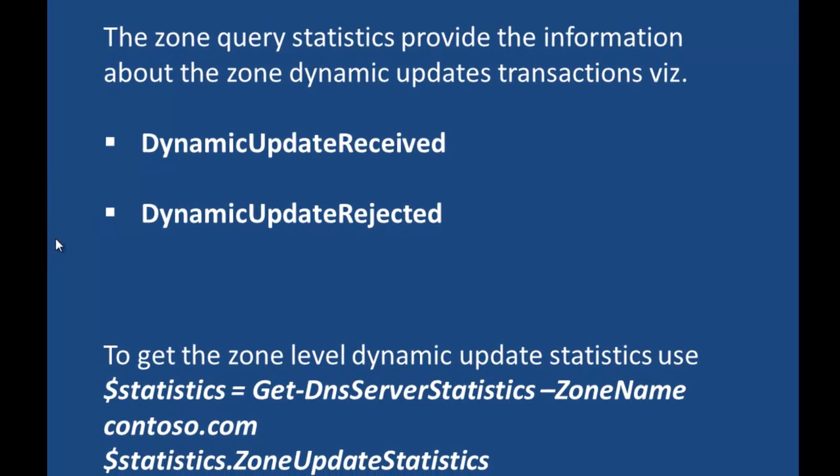And as in the other commands, to get the zone level dynamic updates, you can use the command $statistics equal Get-DnsServerStatistics, ZoneName, and whatever the name of your zone is. Then you run $statistics.ZoneUpdateStatistics. And that will allow you to see and analyze those statistics.